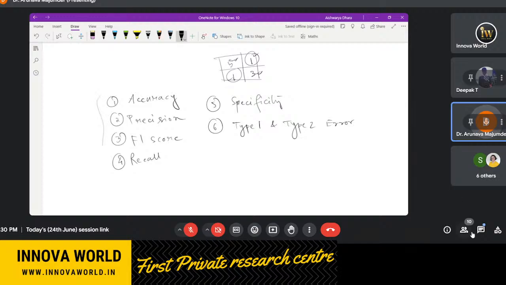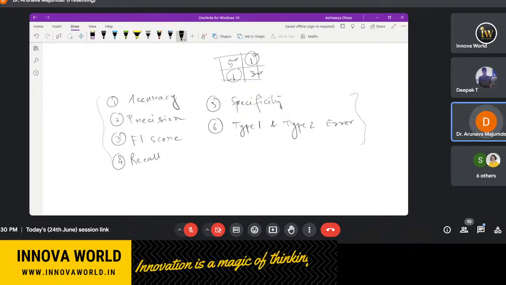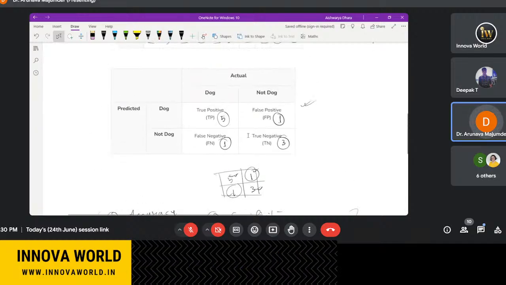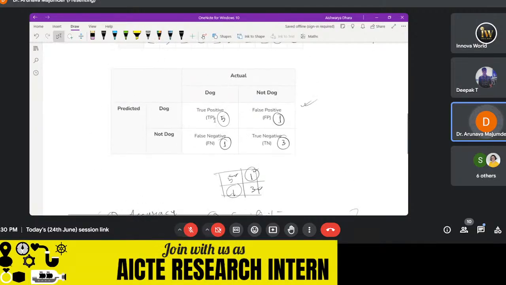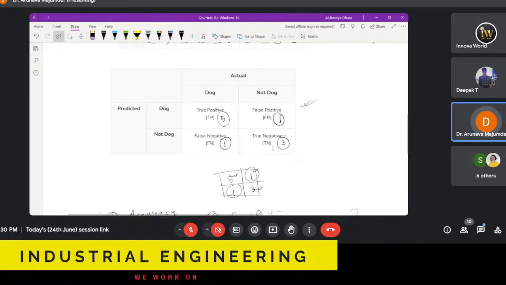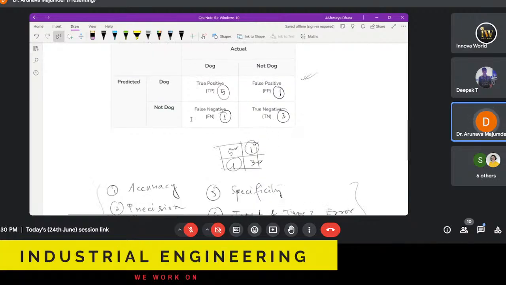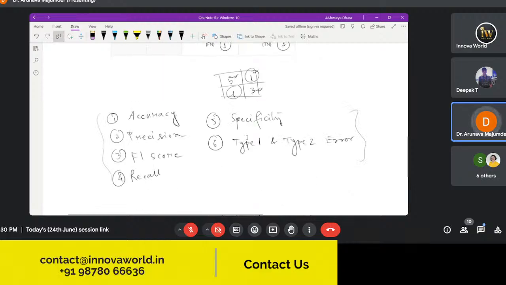The formulas are available on the internet. They are based on the number of true positives, false positives, false negatives, and true negatives.